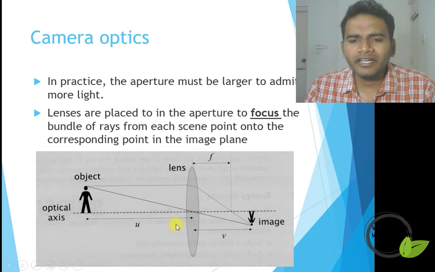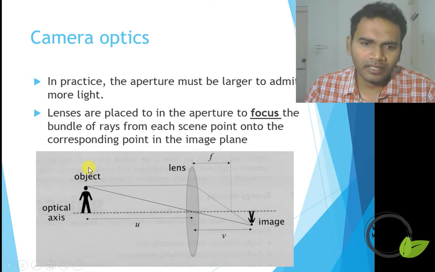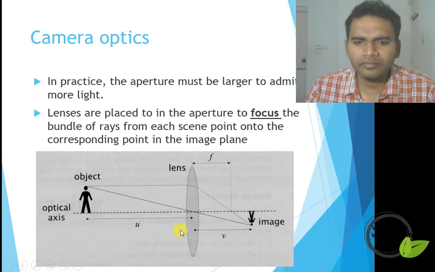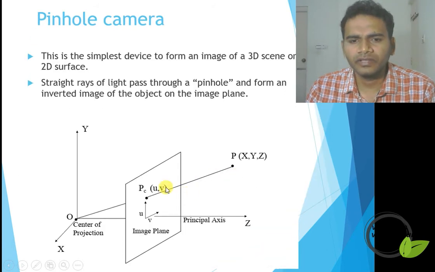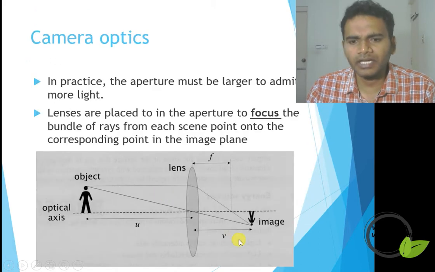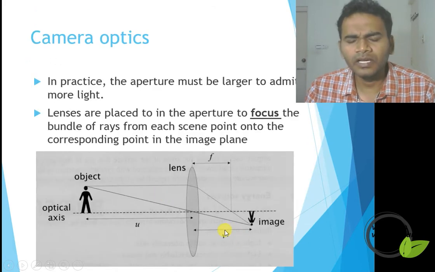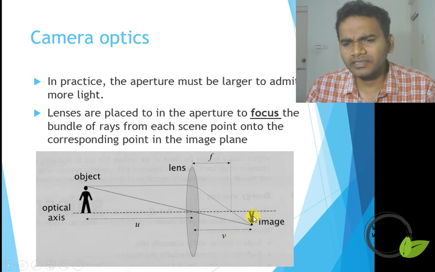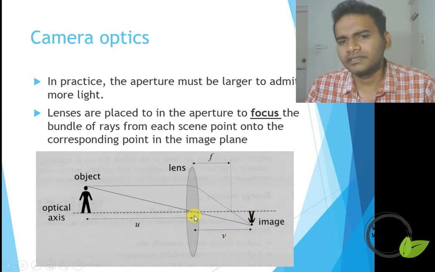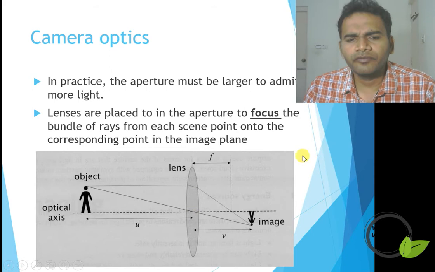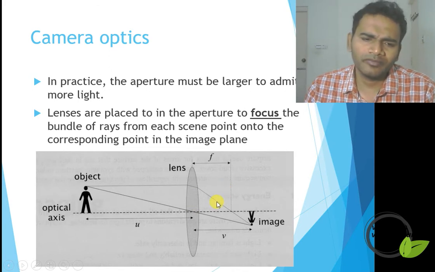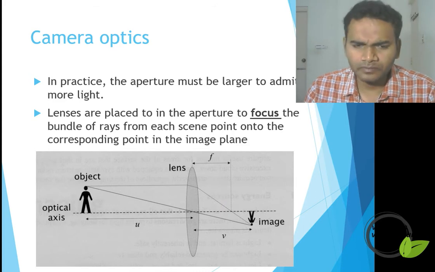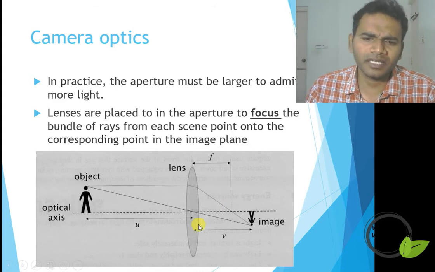And U and V in this case are nothing but your object distance from the lens, as we have discussed in the previous concepts, which are U and V. So the same U and V are applied here, and V is the image distance to the lens. So when we are focusing the optical axis, or when we are focusing an object, ultimately two concepts come into the picture.